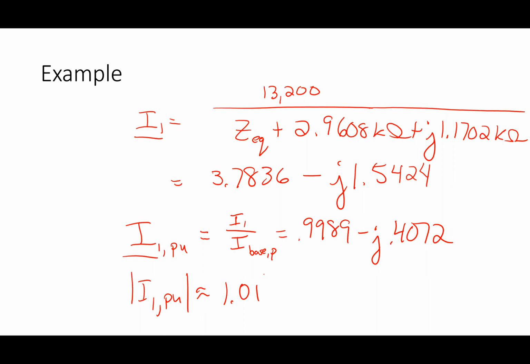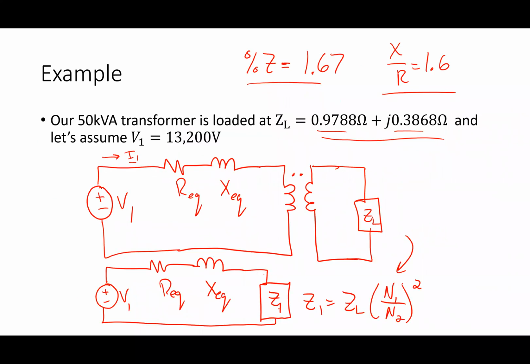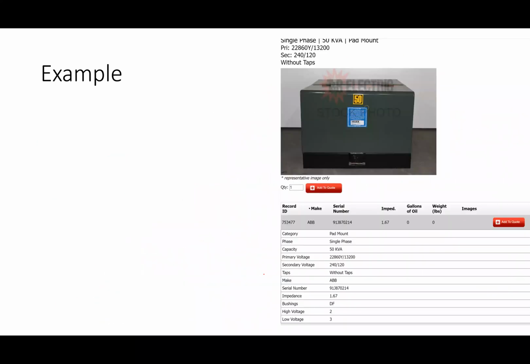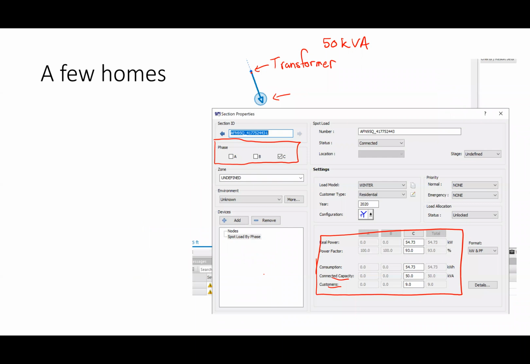All right, and the reason I know it's a little bit higher is because I based this impedance on what I took out of Duke's own analysis, where they were drawing a little bit more than rated power. And why'd they do that? Well, if you notice, they're basically assuming it's the winter peak.